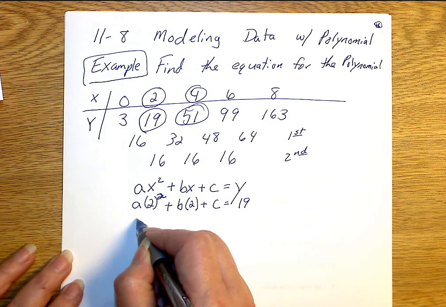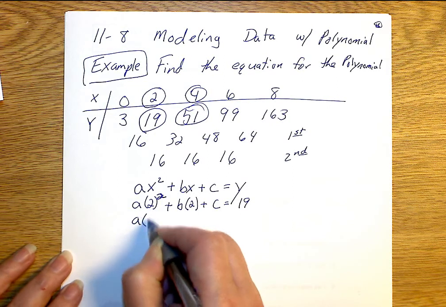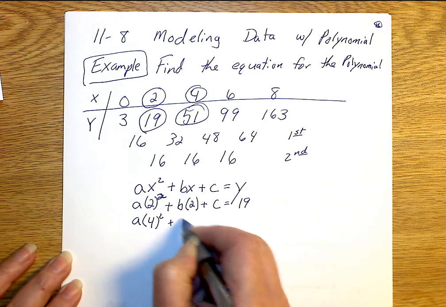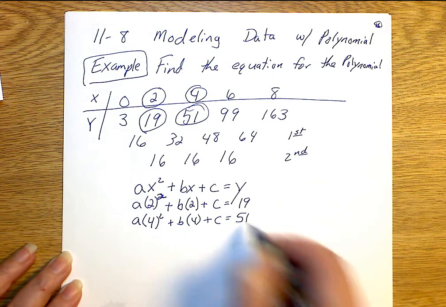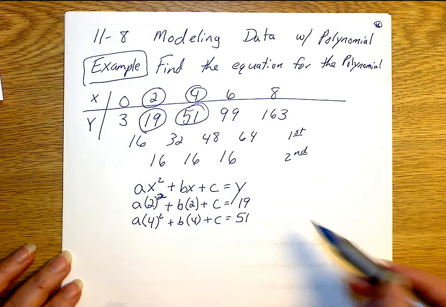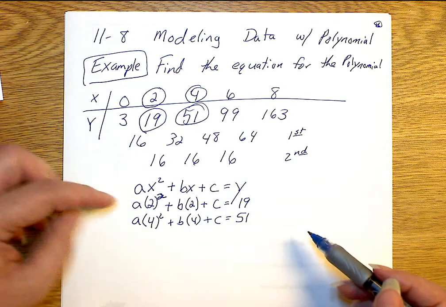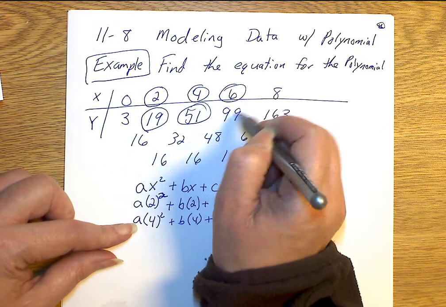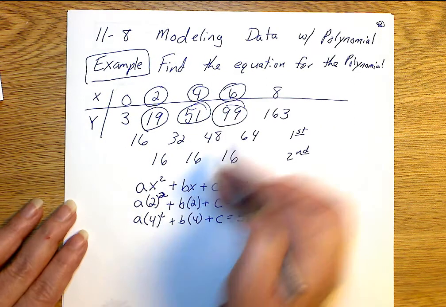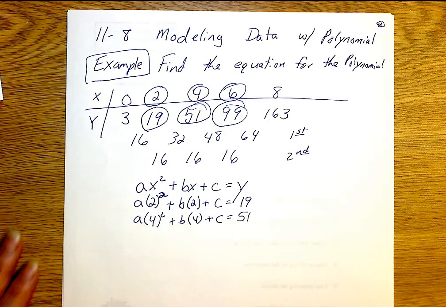It's going to be a times 4 squared plus b times 4 plus c equals 51. Very good. Now we need, how many sentences did I say we need? 3, because we're looking for A, B, and C. We have 2, so that means we have to take one more number. So we're going to take our 6 and our 99.